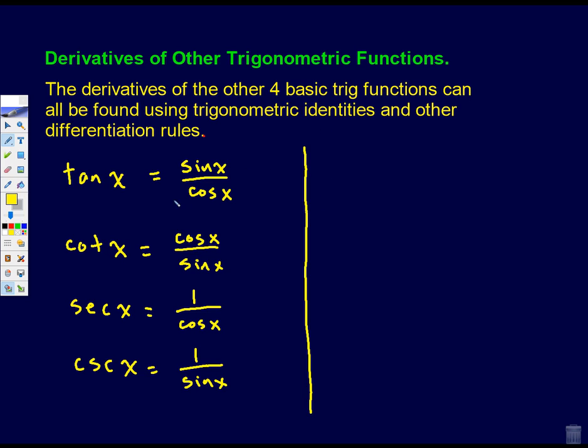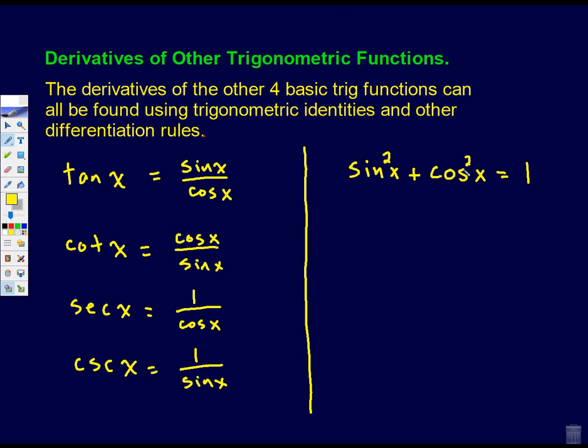One thing that will come in handy for some of the proofs is a couple additional trigonometric identities. Pretty sure you would have had to have learned last year this trig identity right here. It's often called the Pythagorean trig identity. Sine squared x plus cosine squared x equals 1. And this can be used a number of different ways.